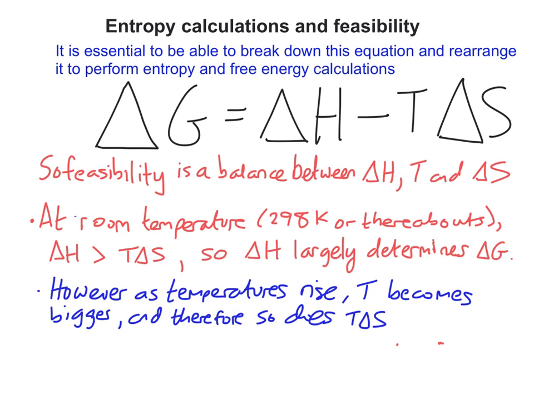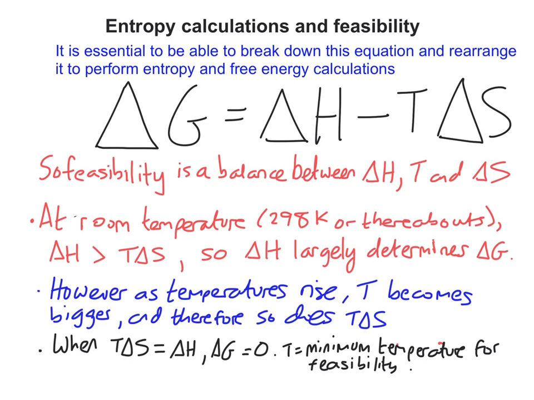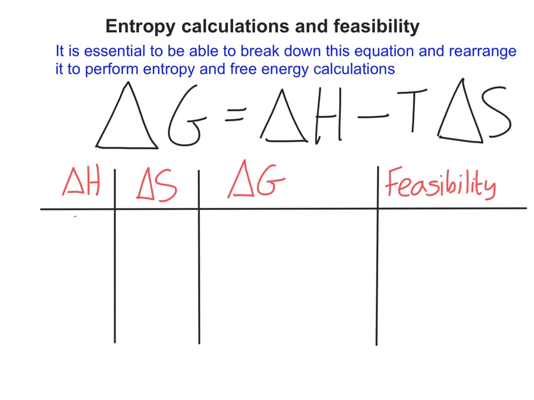But as the temperature rises, obviously T will become bigger, and therefore with it, the T delta S part of the expression will become bigger. So when T delta S equals delta H, then delta G will equal 0. So at this point, T will be the minimum temperature for feasibility. So let's try and summarize this gentle balance between delta H, T and delta S by doing a table.